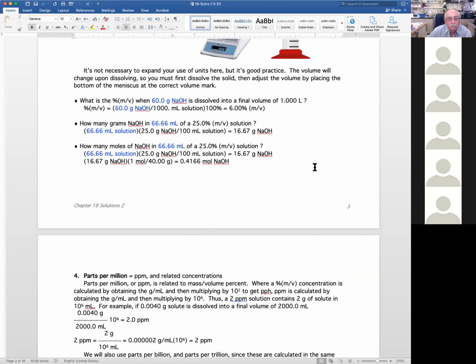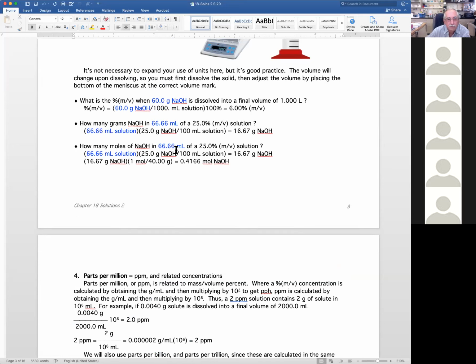So if we just do a problem, I'll just grab one of them. How many moles of sodium hydroxide in 66 something milliliters of a 25% mass per volume solution? I have to realize that this is my conversion factor. That means that there's 25 grams in every 100 milliliters of the solution.